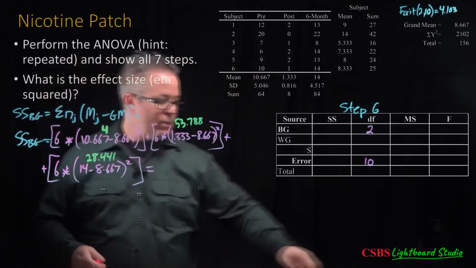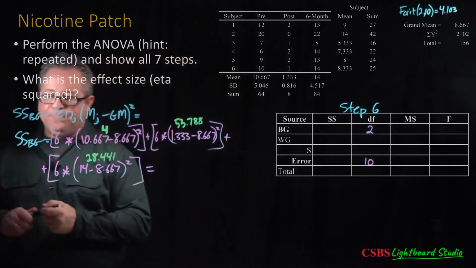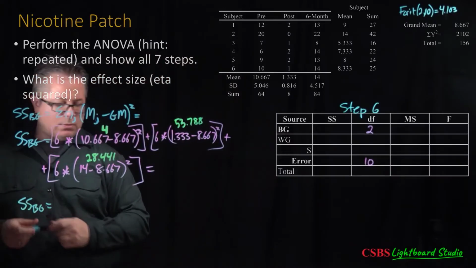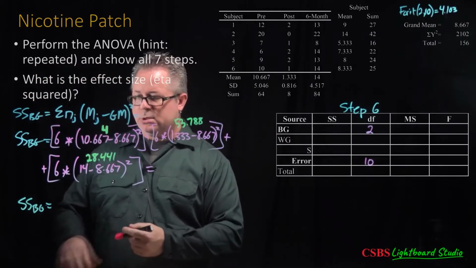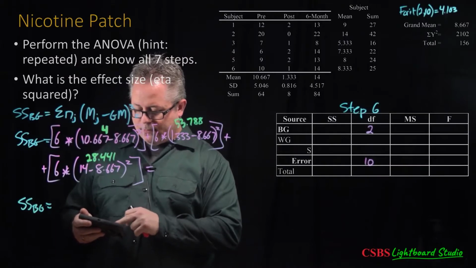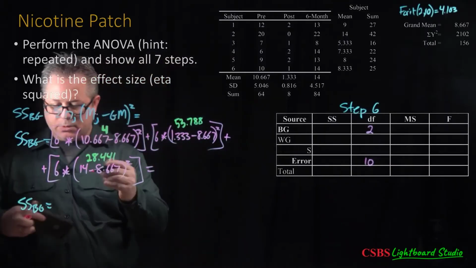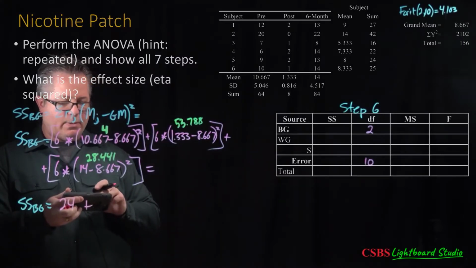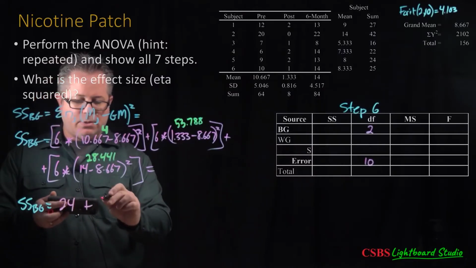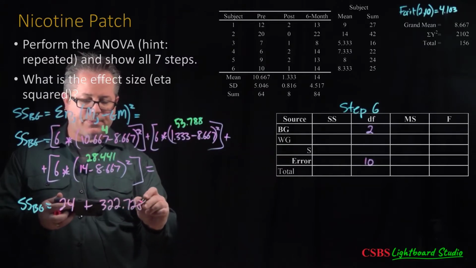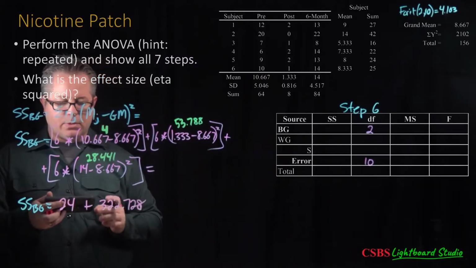So let's add those up. That means the sum of squares between groups equals 6 times 4, which equals 24, of course. 24 plus 53.788 times 6 equals 322.728. Is that right?